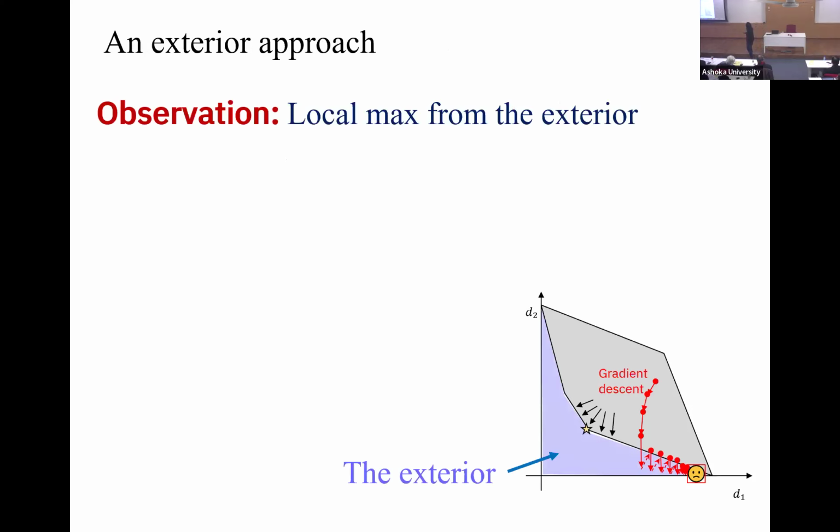Okay? So then we thought that, okay, instead of going from interior, what if we go from exterior, from below? Now, exterior region is a difficult thing to imagine. It's a non-convex region, right? But if we manage to somehow handle it, then from below, if you approach, you will be again maximizing or trying to maximize or increase the product, which is amenable to gradient descent because now you will be increasing the smallest coordinate faster.